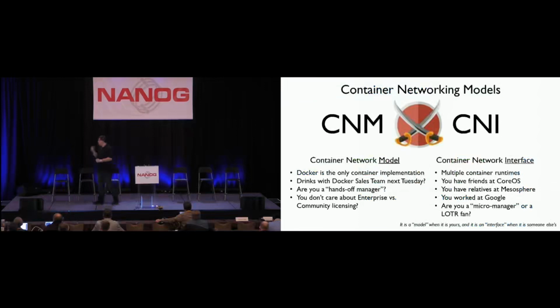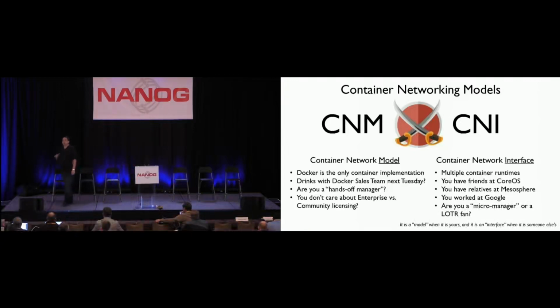All right. So when I first looked at it and tried to understand the difference between CNM and CNI, I really thought it was some kind of war between two cultures. But there is a story behind it. And the story, in my interpretation, is that the Container Networking Model would be used by companies that run strictly Docker.